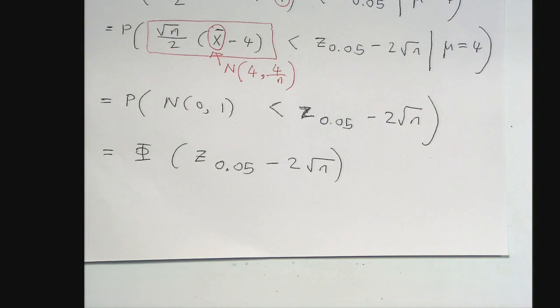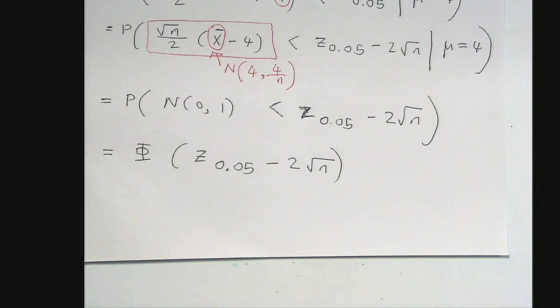Yes. All right. Can you do question 4 if this is clear? Yeah, that's because under the given hypothesis, it says mu equal to 4, which is greater than 0.